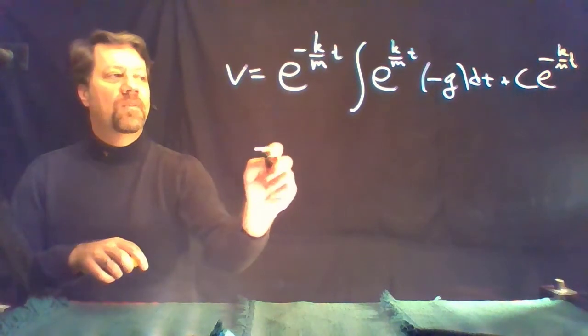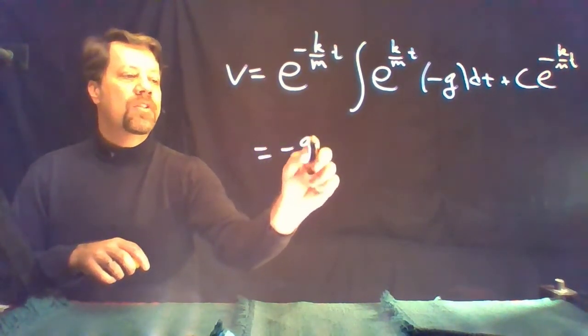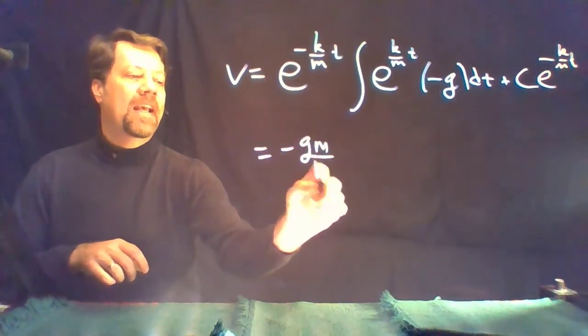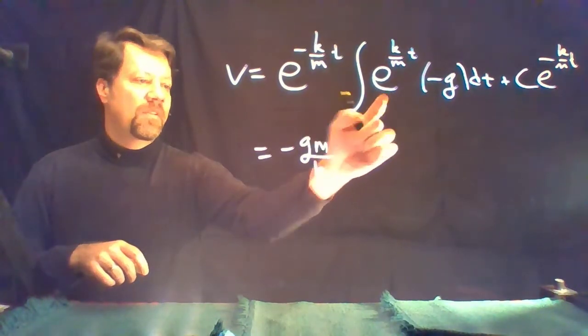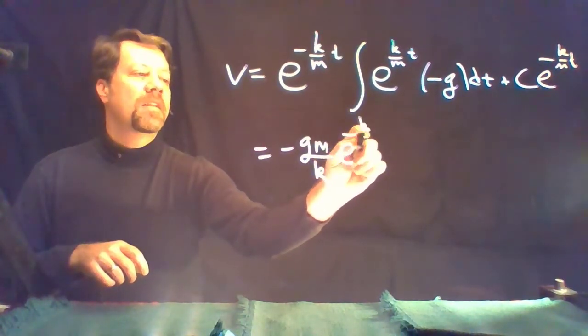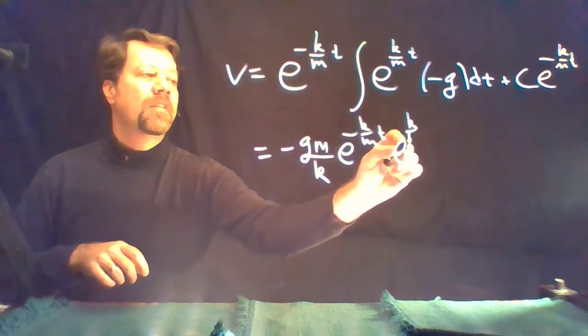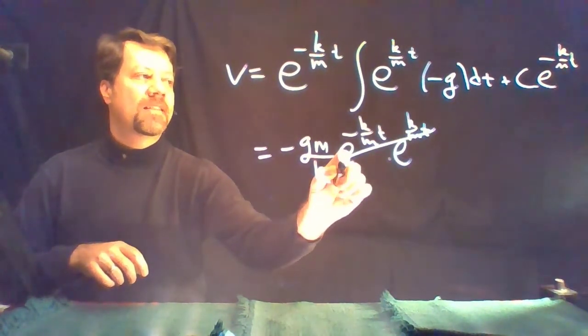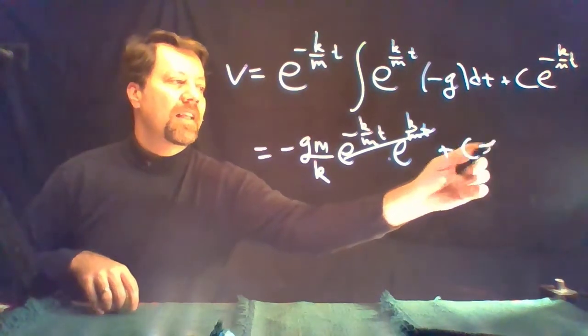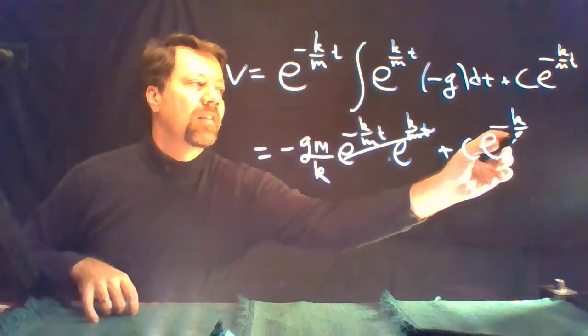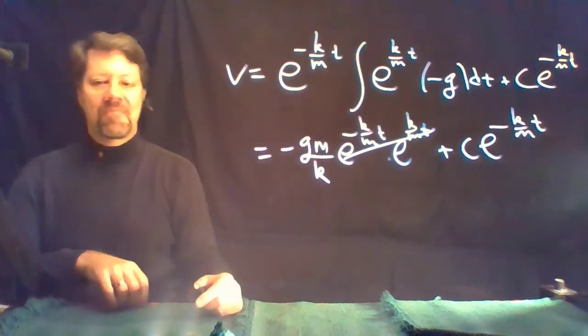Integrating, we have minus gm over k, e to the minus (k/m)t times e to the positive (k/m)t, these canceling out, plus c e to the minus (k/m)t.